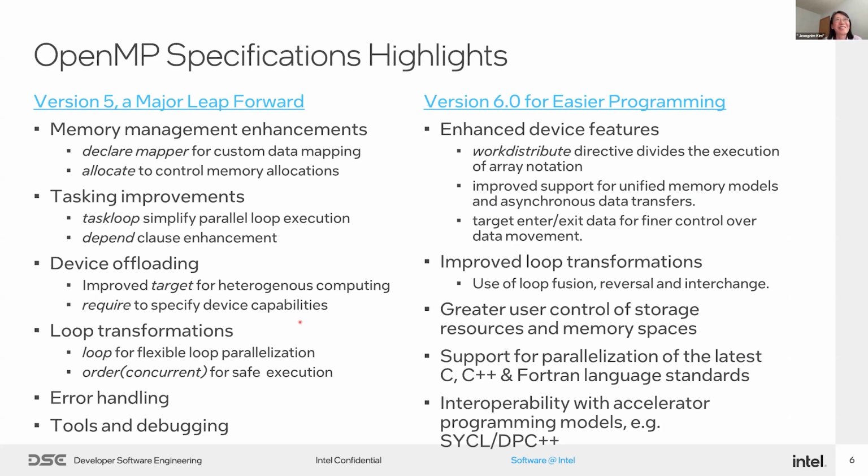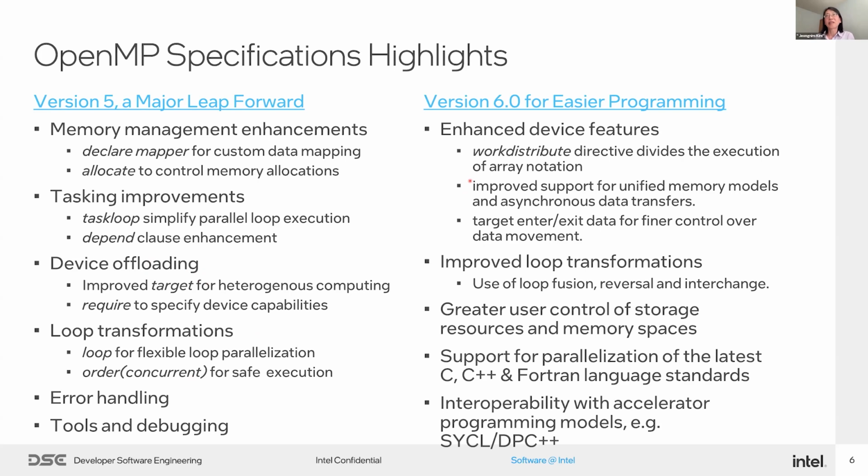Version 5 says it's a major leap forward because it really added a lot of new features that were not possible before, including the device offloading, as we mentioned several times. It also offers very many interesting ways of transforming loops you are very familiar with, and you can also add concurrency in a very straightforward way.